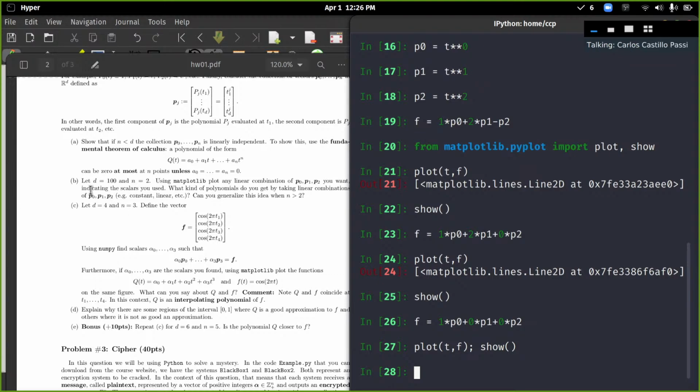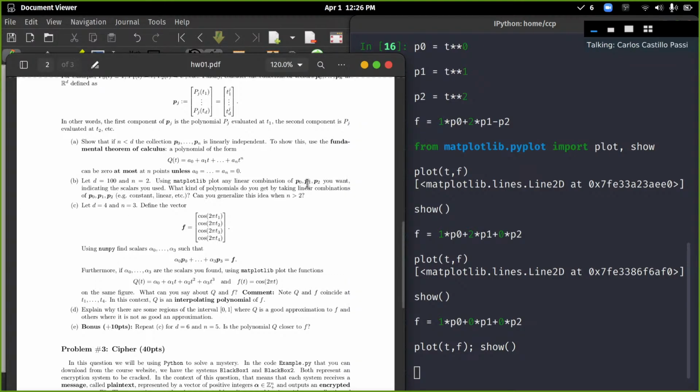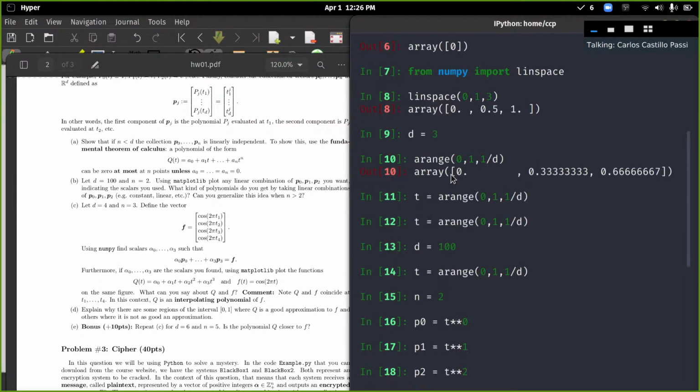Okay, so for question B, what you need to do is to generate these vectors p0, p1, and p2 that are the polynomials sampled in this vector of t's.